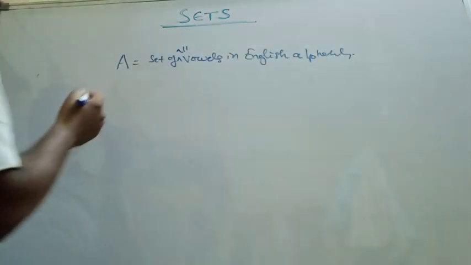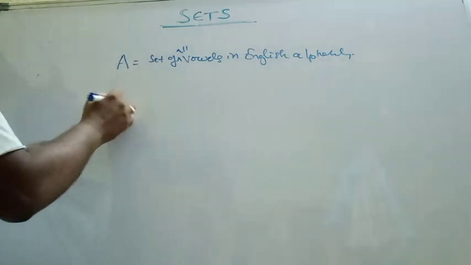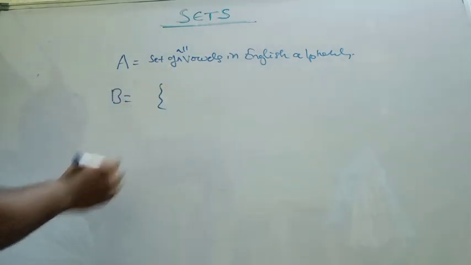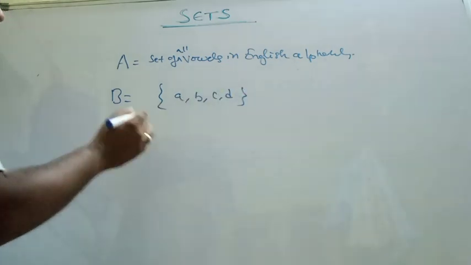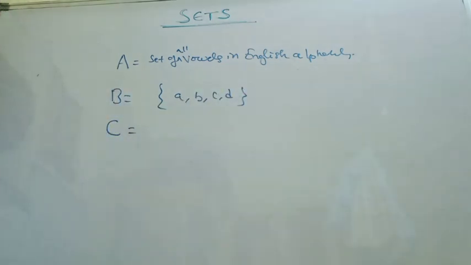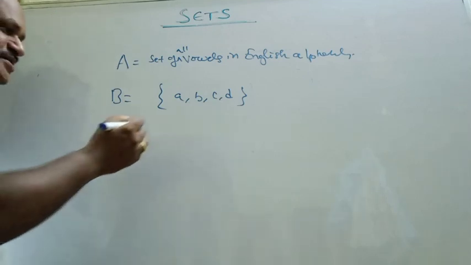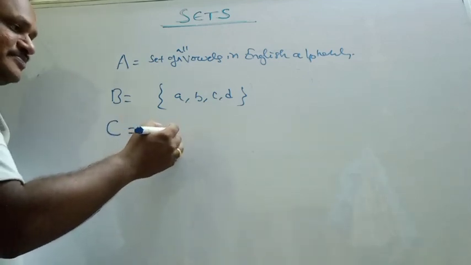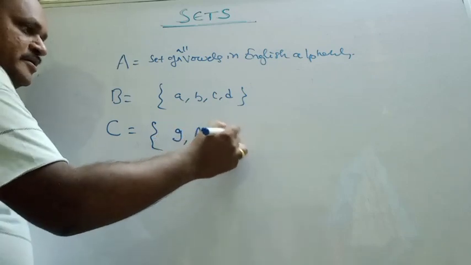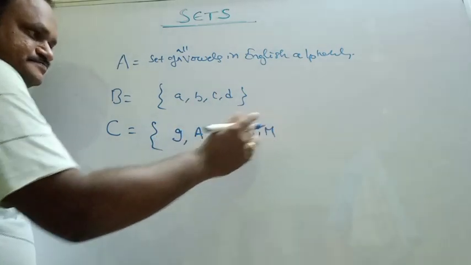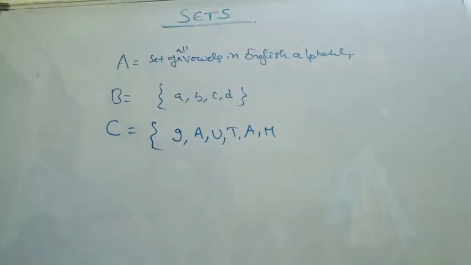A set is denoted by capital letters, set B equal to some other thing, something like A, B, C, D. Very important, my dear students. Next, we have something like G, A, U, T, A, M.